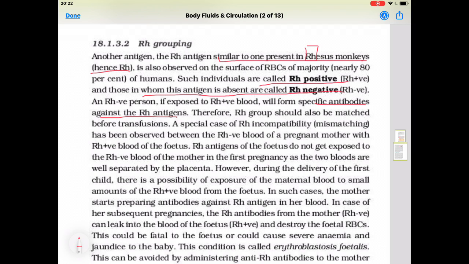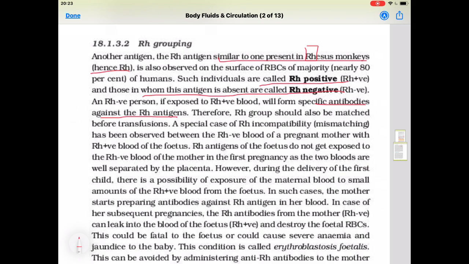But the Rh negative person's body will develop antibodies against that antigen, because earlier that person's body was Rh negative. Now, after getting Rh positive blood, the person's body develops antibodies against that Rh positive factor.